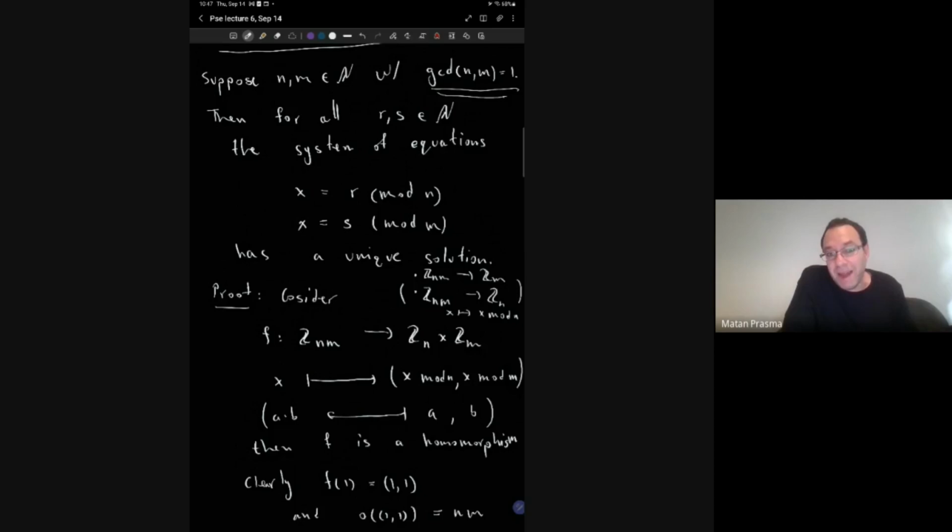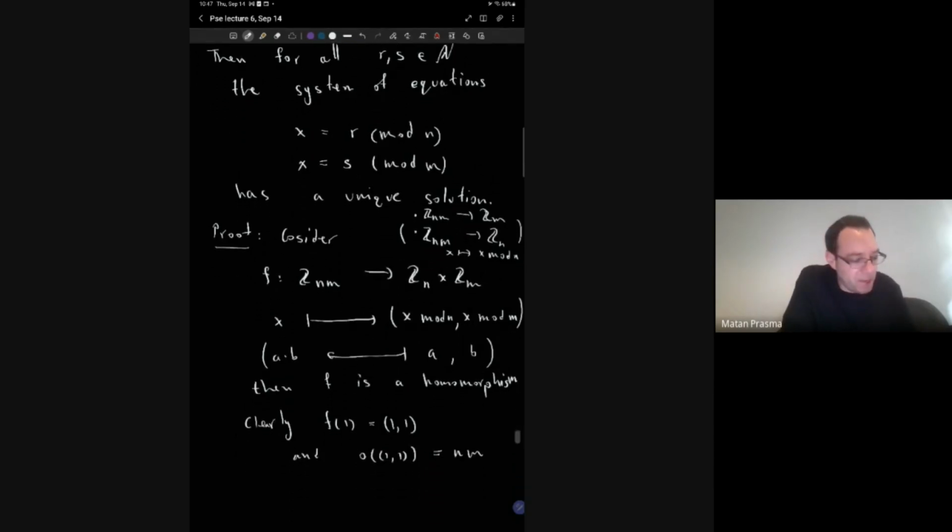So in fact, this already solves the problem. You map an element of order n times m into an element of order n times m. So you get everything, right?